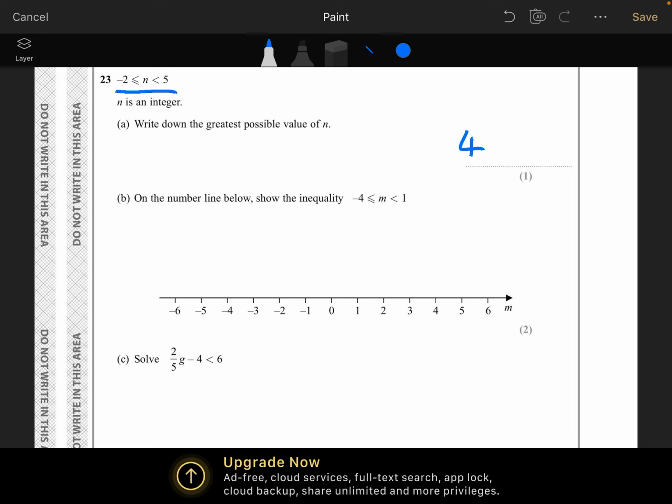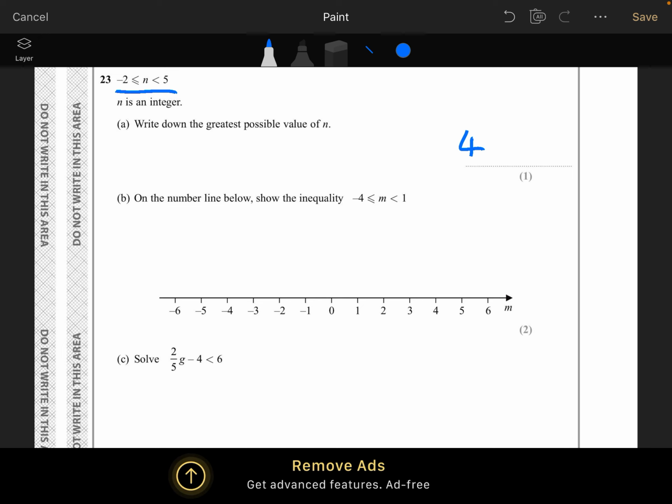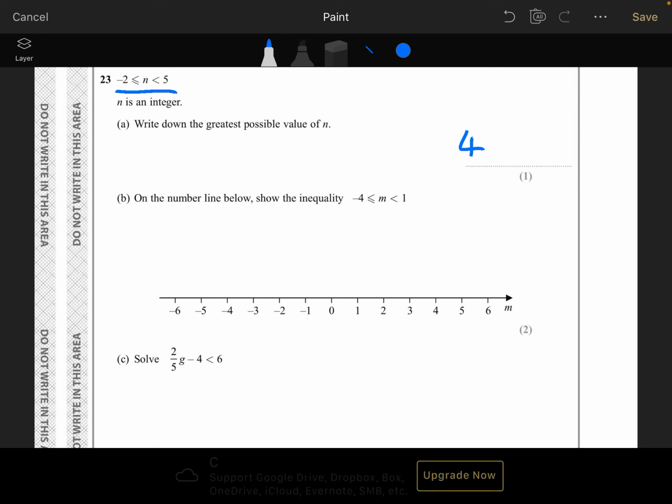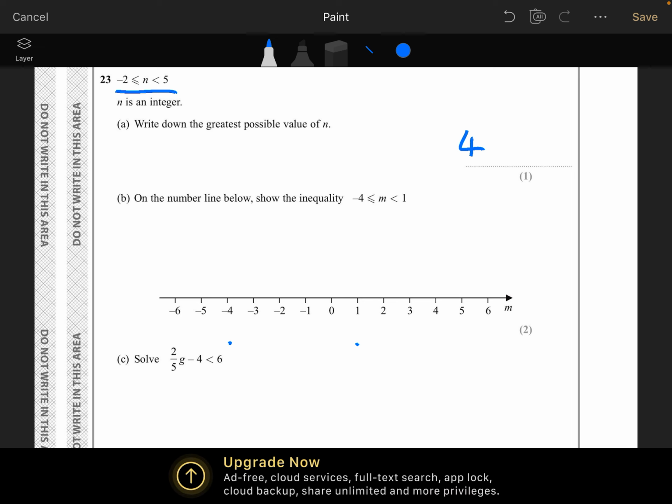On the number line, show the inequality m is greater than or equal to -4 and less than 1. Okay, so the numbers are going to be between 1 and -4, but they could be equal to -4.